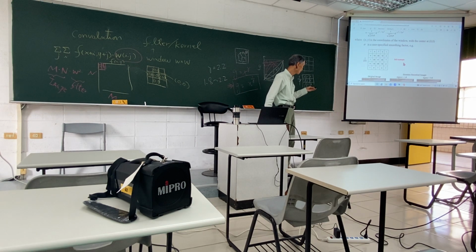This window size is 5 by 5, and all the values are not equal. If you take the distribution along the x-axis, you can see 1, 4, 7, 4, 1. It looks like a Gaussian distribution. The same here: if you look at the distribution along the y-axis, again, it's also a Gaussian.